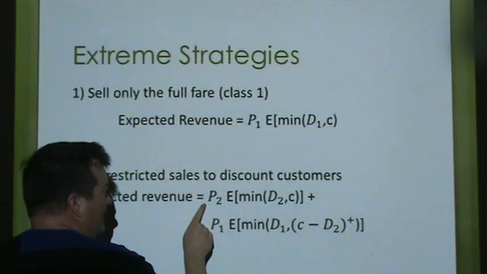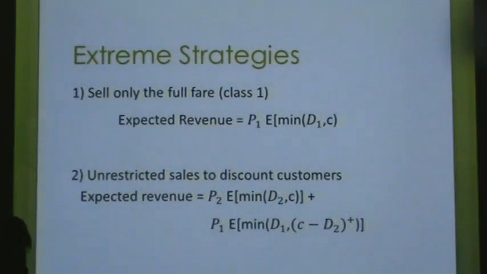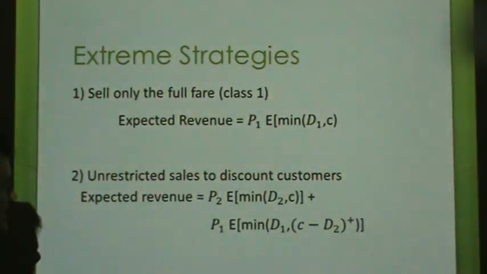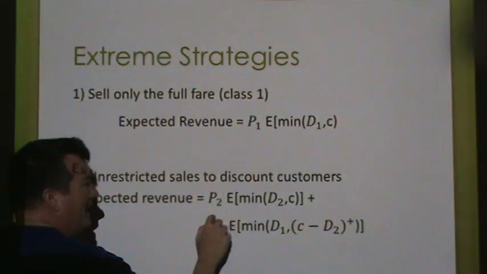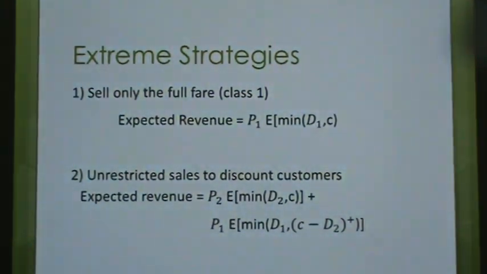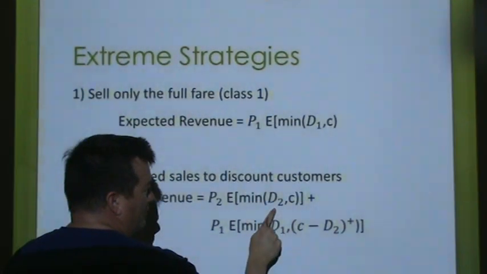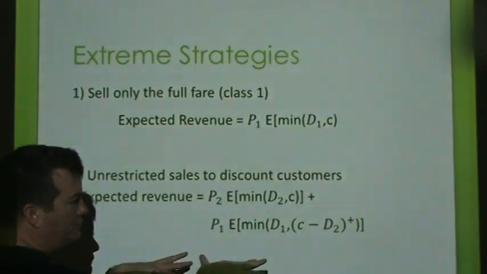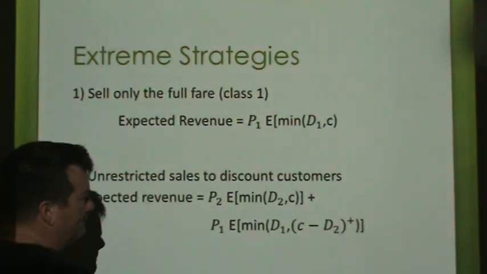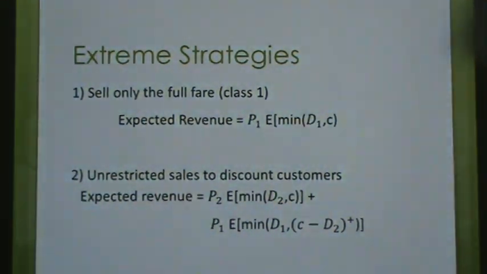So we would take the amount that comes in at the lower price. Let's say our prices were $699 and $299. So it would be the $299 price, and then how many of those do we sell? It's going to be the smaller, just the same as up here: however many people show up at price level 2, and the capacity of the plane. Whichever of those two numbers is smaller, that's how many we sell at the lower price. Now, how many do we sell at the higher price?